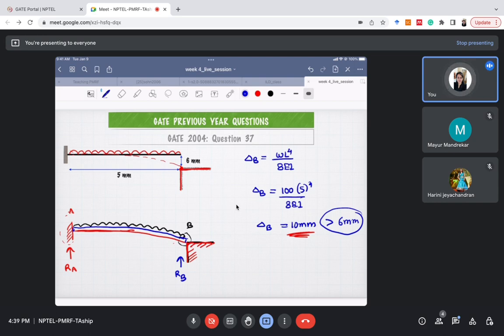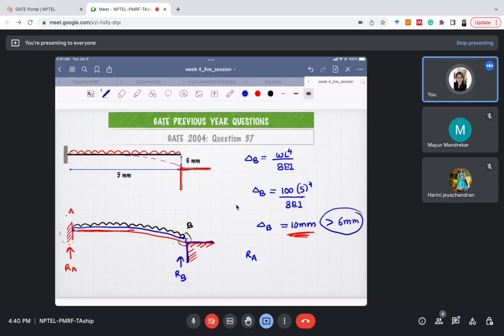Is there any doubt on this, why this platform is now playing a role? Because the loading on the beam is so large that it has deflected the beam by more than 6 mm. That is why this platform is now playing a role. In this case, the reaction will not be simply Ra equal to total load.